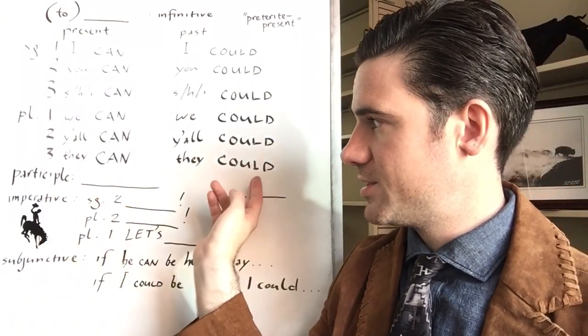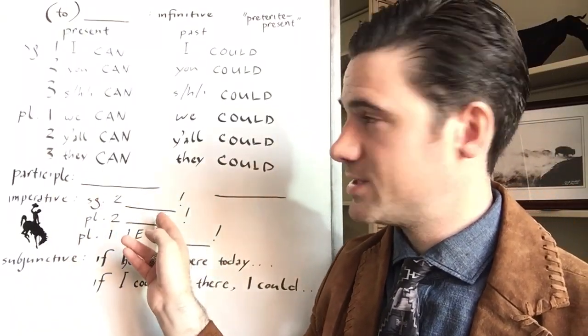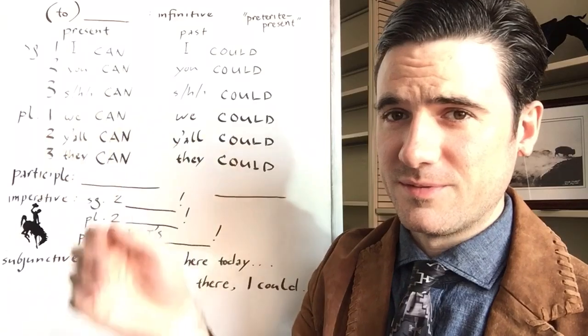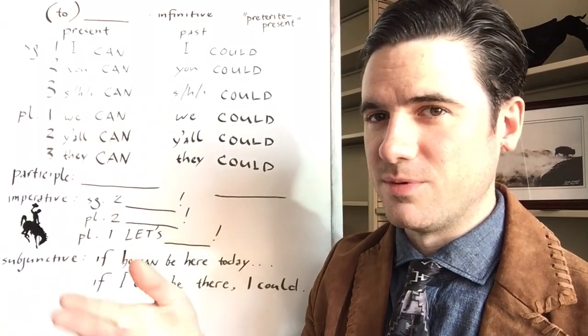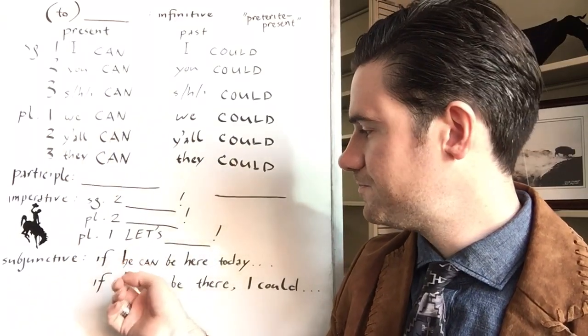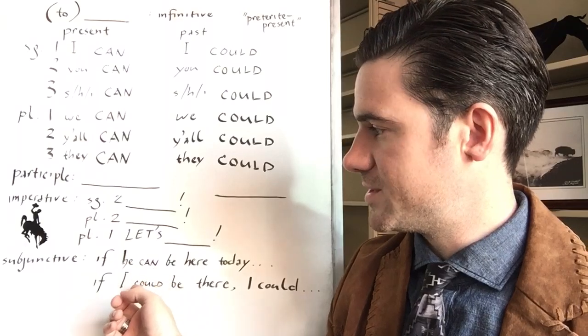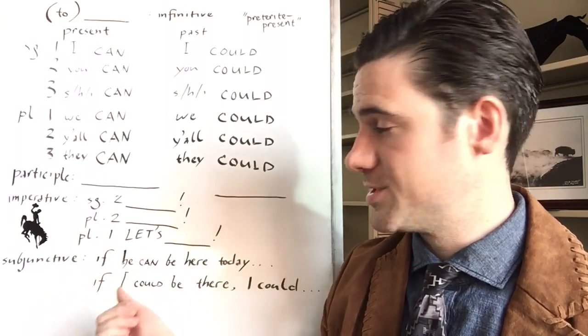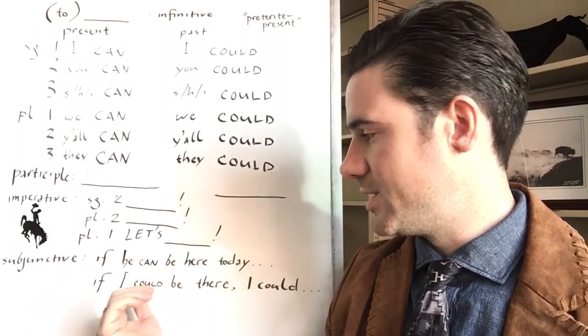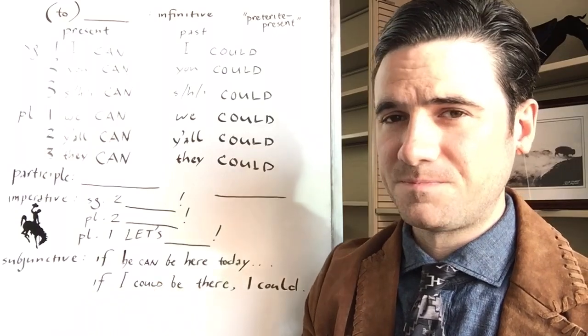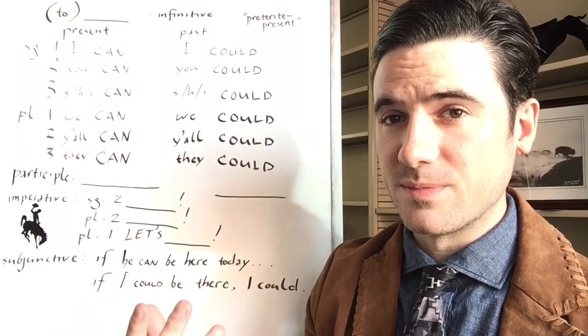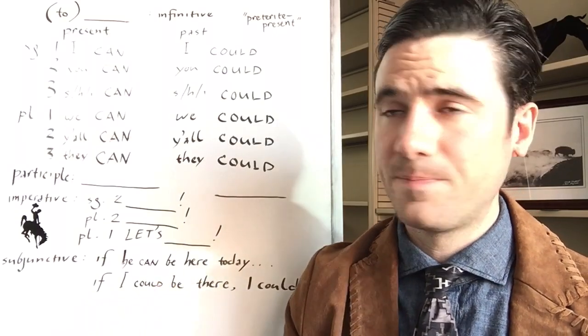We don't usually have participles or imperatives for these things in English. I can't say "can," right? I might be able to say "be able," but then I'm just rephrasing with another verb. And similarly, I can express a subjunctive, a non-factual state, "if he can be here today," "if I could be there," but I'm not using different forms of the verb, unlike how I would in Old Norse.